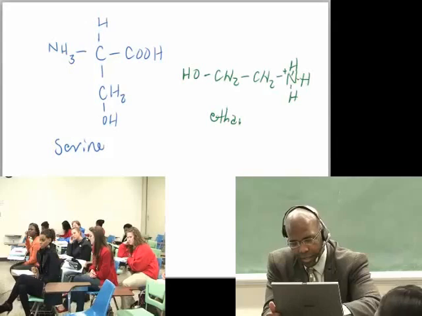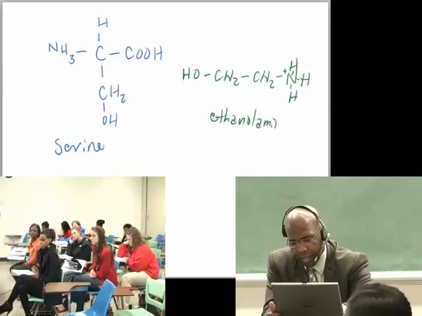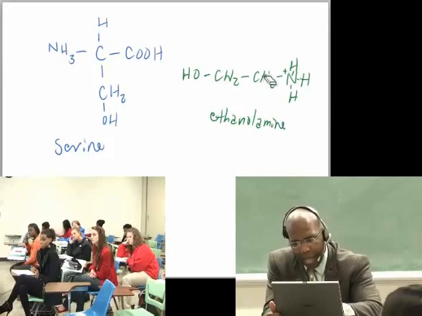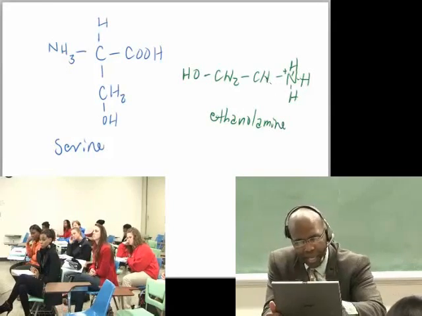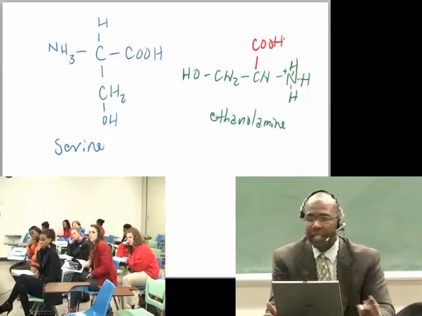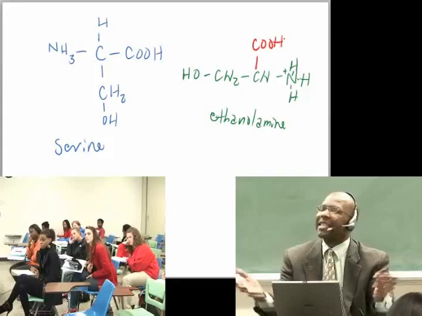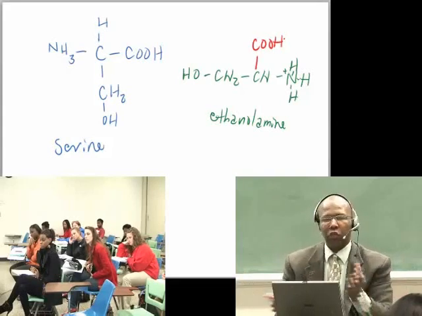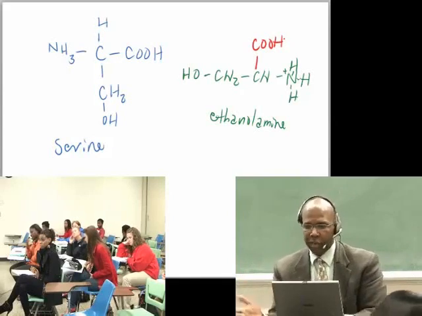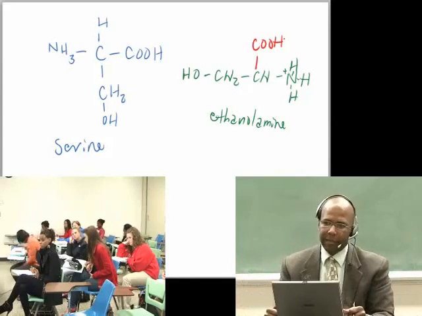Ethanolamine. Ethanolamine. Now, what if I get rid of one of these H's here and I carboxylate ethanolamine? What is that? Serine. Exactly. So if you remember ethanolamine, you can go to choline and you can go to serine very easily.